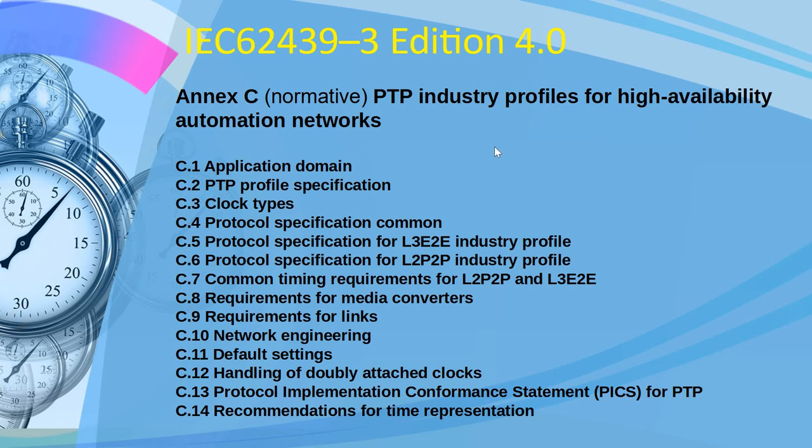Annex C defines another PTP industry profile for high availability automation networks. It includes the PTP profile specification and the specification for the layer 3 end-to-end profile, layer 2 peer-to-peer profile, and timing requirements for both L2 peer-to-peer and L3 end-to-end.